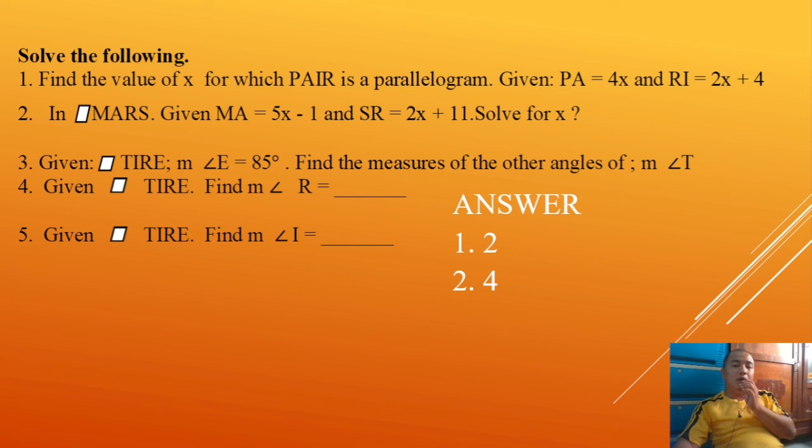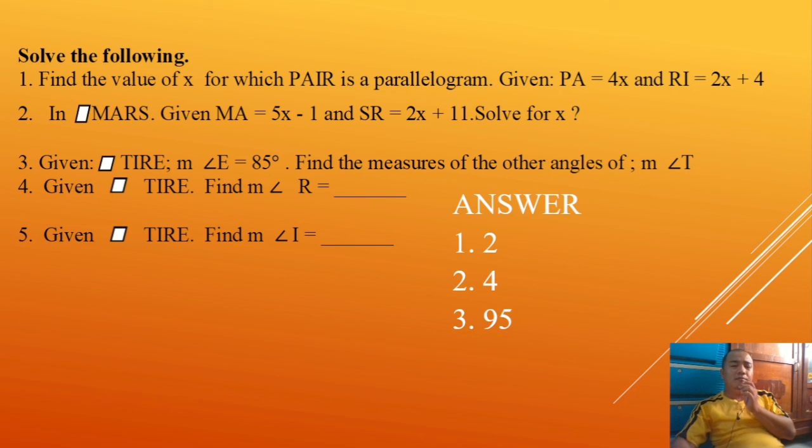Number 3, given angle E in parallelogram TIRE, angle E is 85 degrees. Find the measures of angles T, I, and R. So I think they are supplementary because they are consecutive angles with angle E. Angle T is equal to 95 degrees. Given parallelogram TIRE, find the measure of angle R. So same problem, number 3 tayo.